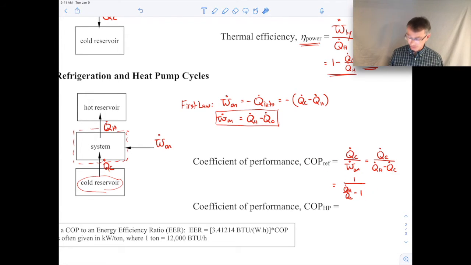I think it's probably easiest just to remember this yellow highlighted bit. You don't have to memorize. Again, I'm not a big fan of memorizing equations, but the way that I would remember this is just what is it you're trying to accomplish. You're trying to get as much heat out of the cold reservoir, the Q dot C, for as little power that you have to put into it. And then to get down to this expression or this one, you just use the first law.